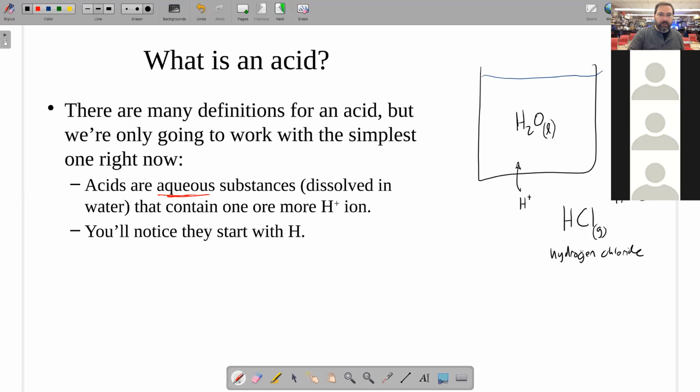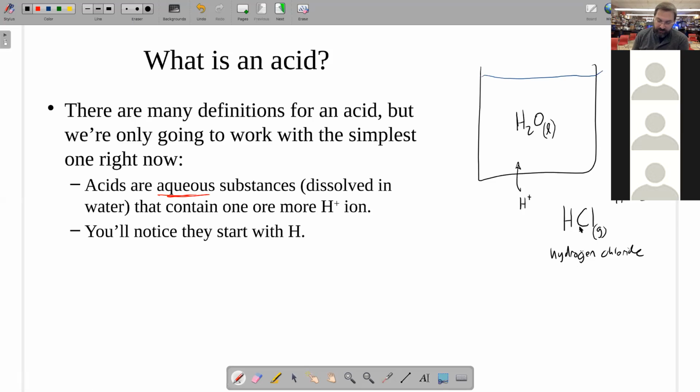But it turns out that when you put hydrogen chloride into water, you can dissolve gases in water, much like oxygen is dissolved in water. That's how fish and other marine animals can take in oxygen. There's carbon dioxide in water, and that's the fizz in soda. So you can dissolve hydrogen chloride gas in water.